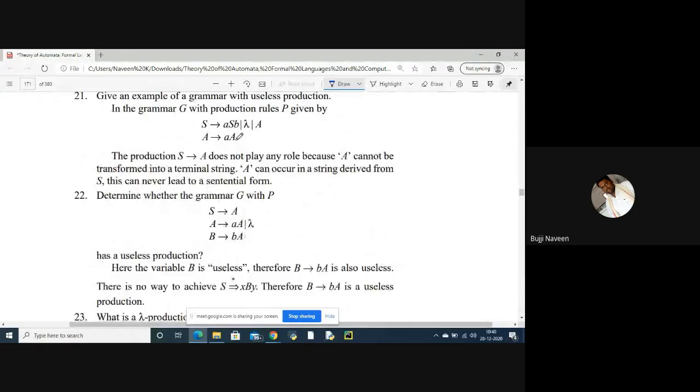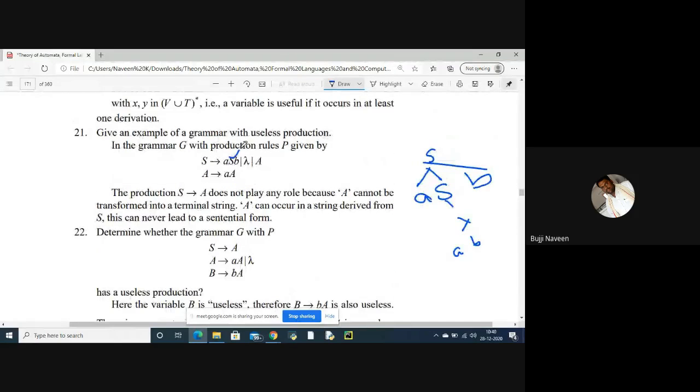In the given grammar, S tends to ASB, and S tends to lambda. So S tends to ASB, and S tends to epsilon is useful.